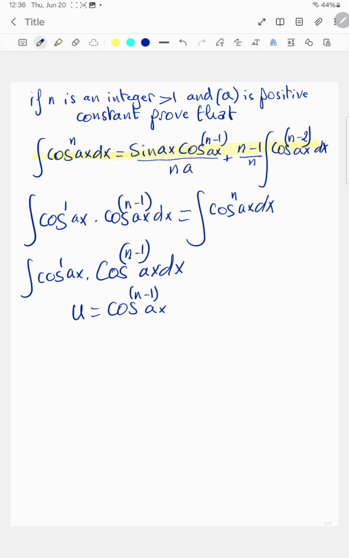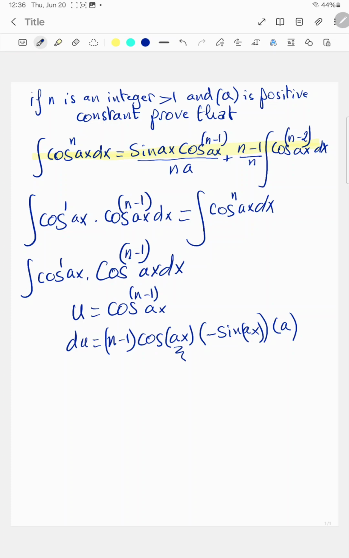If I take my u equal to that, then my du is equal to n minus 1 multiplied by cosine ax, multiplied by the derivative of cosine ax, which is minus sine ax, and I have to multiply it by the derivative of the parentheses, ax, which is a.